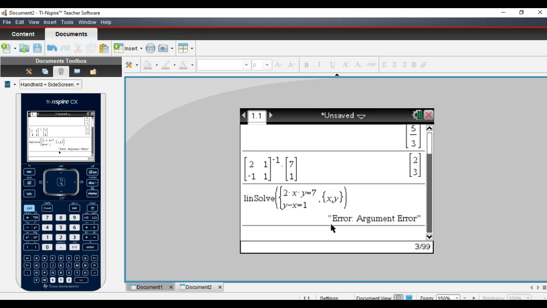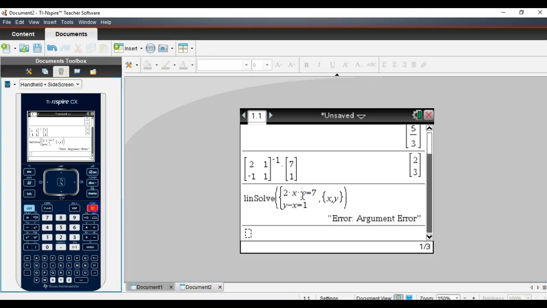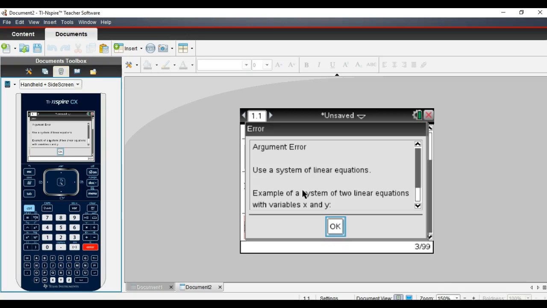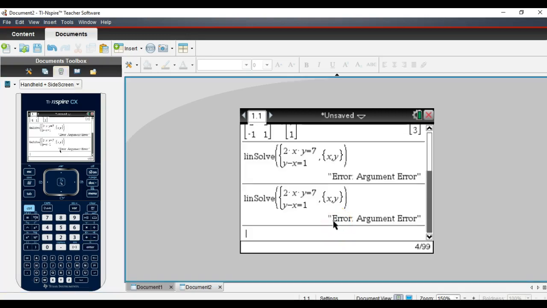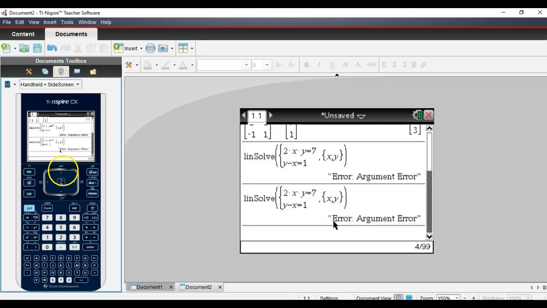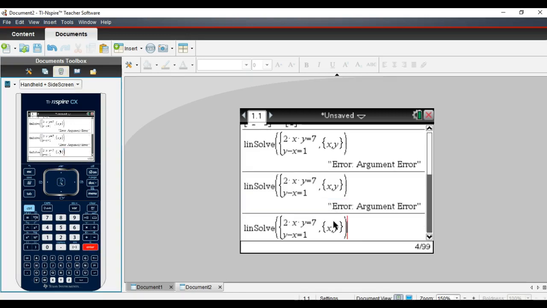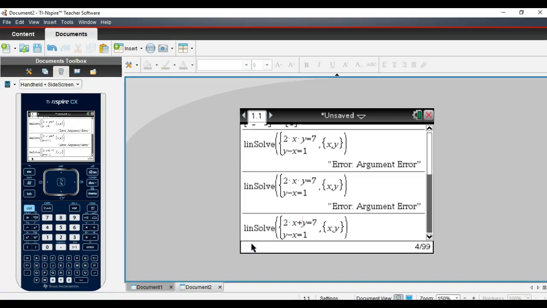Oh, typo. It was 2x plus y, and that should be it. If I recall this, you can always go back, recall, and now I get to edit it. So come right here. 2x plus y, so now I've got it correct.